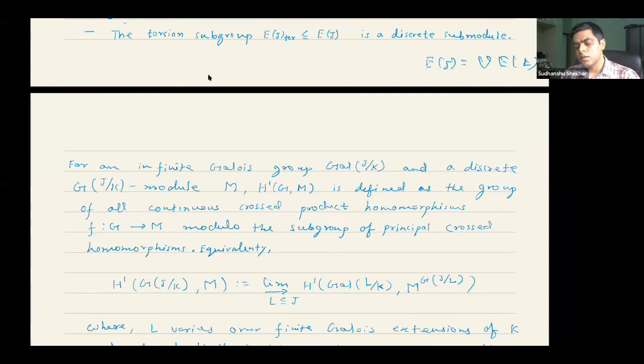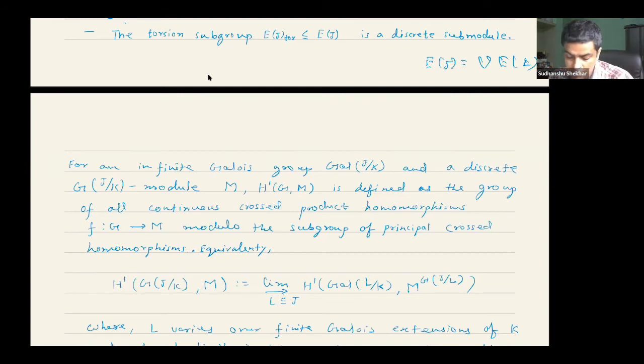Earlier we took all cross homomorphisms modulo principal cross homomorphisms. Now we take only continuous ones. We have a topology on G and a topology on M. So instead of all cross homomorphisms, we just take continuous cross homomorphisms.